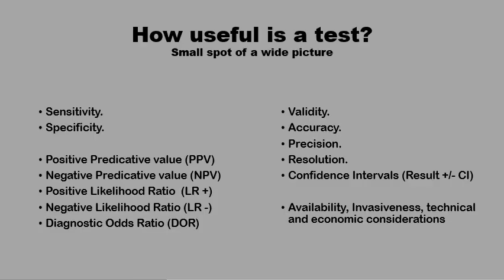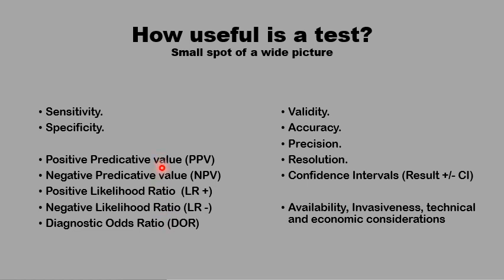On evaluating a test and deciding on how useful it is, the general picture includes all these parameters. Sensitivity and specificity is just a small spot of a wide picture. The wide picture contains also parameters like positive predictive value of the test, negative predictive value, positive likelihood ratio, negative likelihood ratio, and the diagnostic odds ratio.